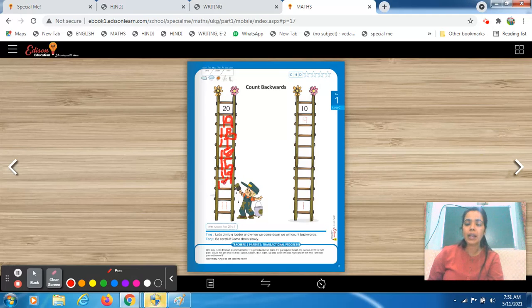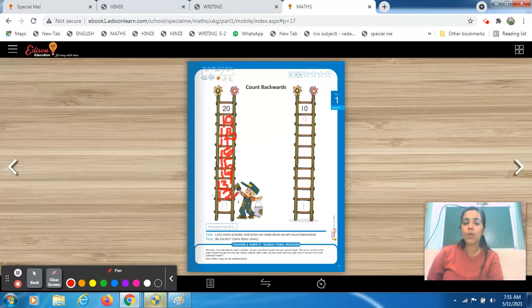Very nice. You all are doing a very nice job. Okay, the next is very nice, Vedic. Well done. Okay, now it's turn. Who will tell me? Okay, Anisha, tell me what comes before 13? Ma'am, 12. Very good.